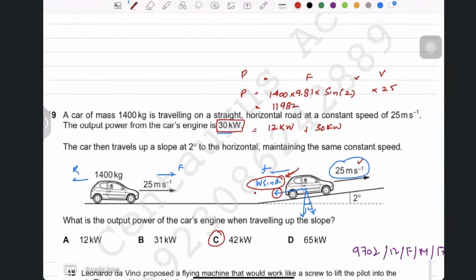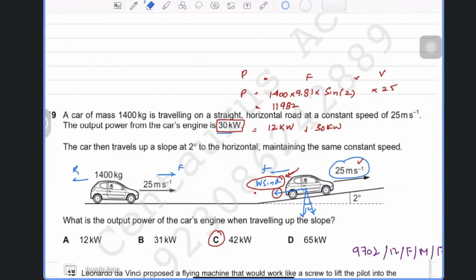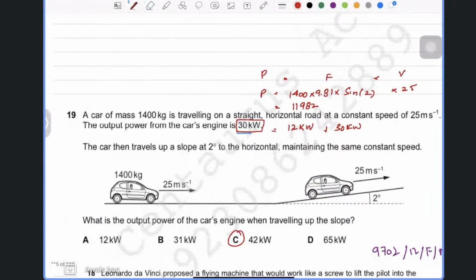Sir, could you please do this again? Can I do it again? Yes, sir. Okay. First of all, when maintaining constant speed, it means the force that the engine provides has to be the same as the force of friction.